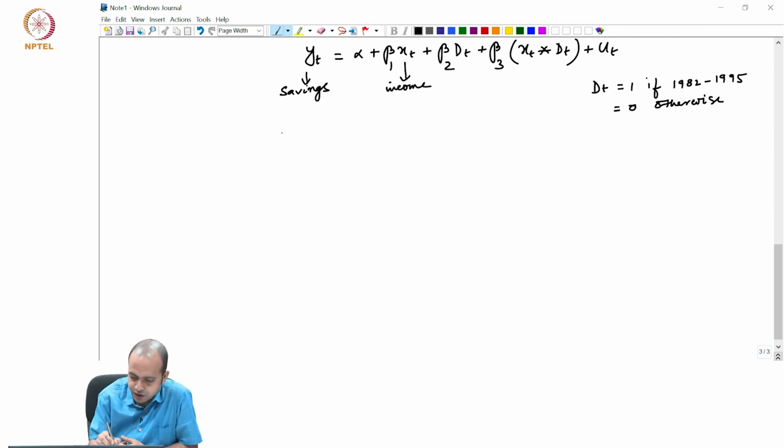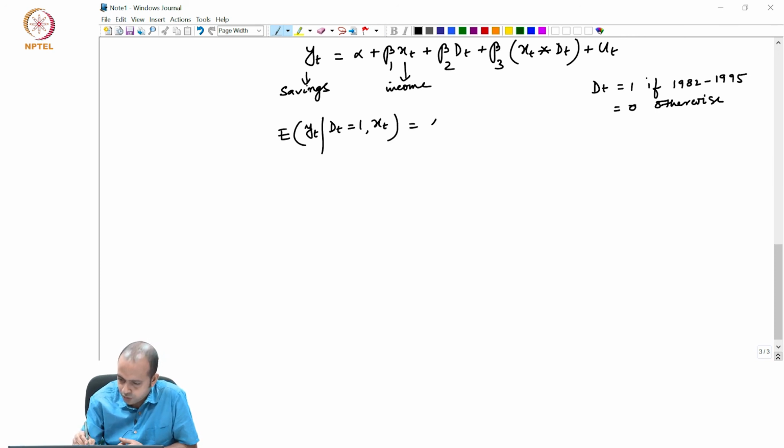and if you take expectation of yt given dt equals 1 and xt, it equals alpha plus beta 2, and then plus you have beta 1 xt, here also you will get beta 3 xt.